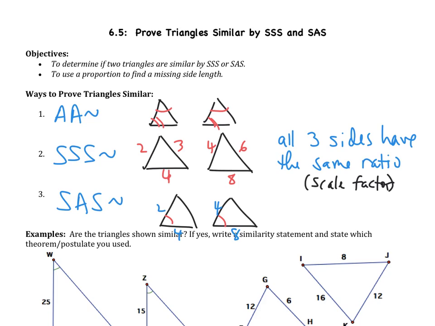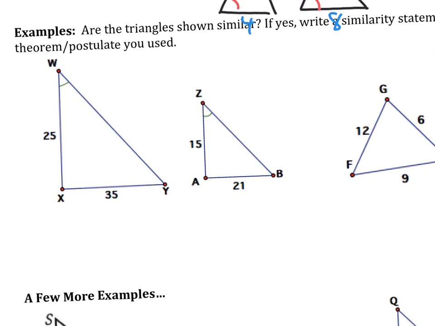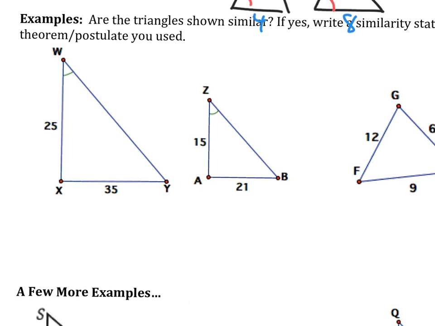So let's look at an example. Very first one. You have to come up with a way to determine whether or not these two triangles are similar. Think like a checklist. Can I show two angles are congruent? They give me W is congruent to Z. Can I come up with another set of angles that are congruent?